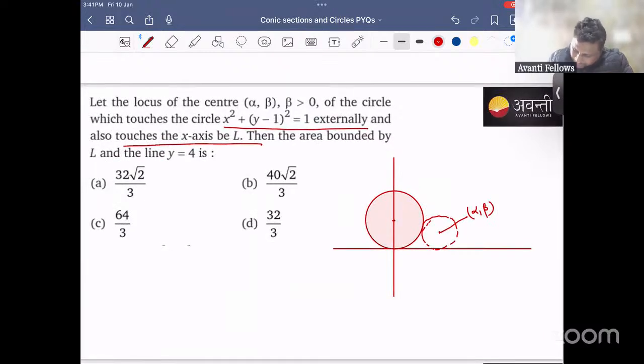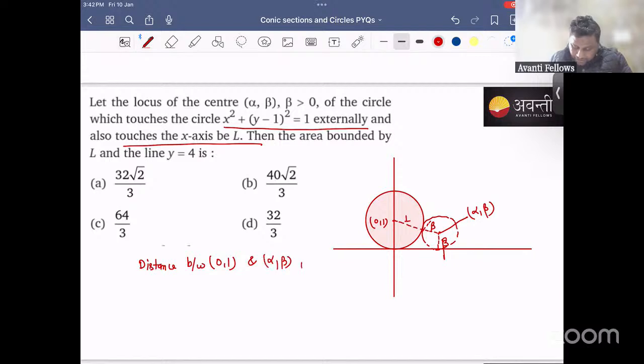Now let us assume this length is R. Since it is touching the x-axis, the y coordinate of this center is beta, so the radius will also be beta. Its radius is 1, this is beta. So the distance between the centers (0, 1) and (alpha, beta) is 1 plus beta.